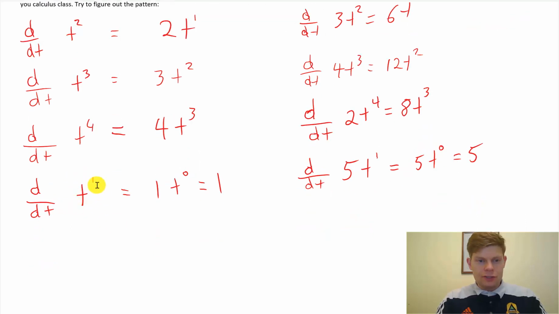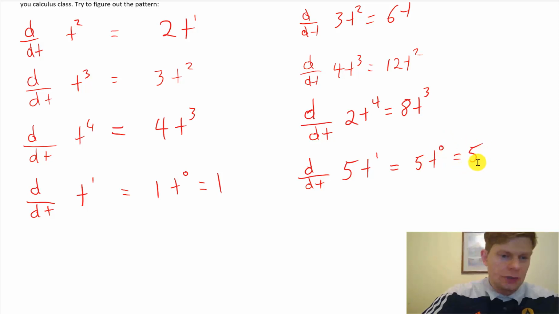And the derivative of t to the 1st power is just 1 times t to the 0th power, which might give you some idea of, hopefully you're figuring out the pattern here, which is just 1. And if it's 5t to the 1, this should show you the pattern, but keep in mind anything to the 0th power is just 1, so that's the same as 5.